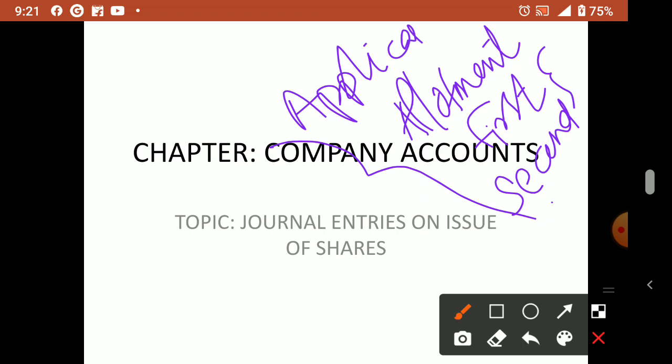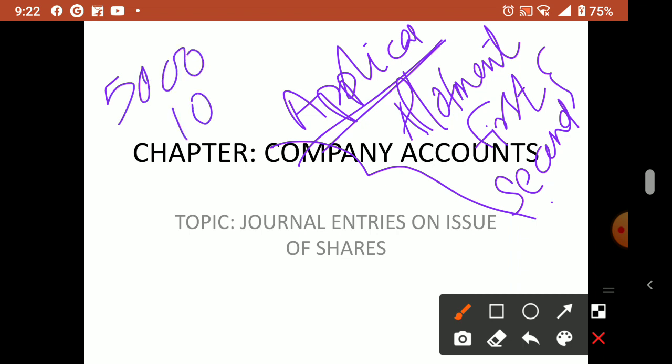The application stage is the stage when the shareholders send their application saying that I want to purchase the shares of that particular company, along with the application money. Suppose 5,000 shares of rupees 10 each means 5,000 is the total number of shares issued by the company.